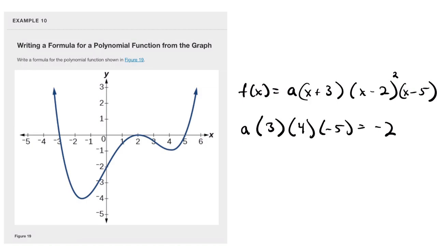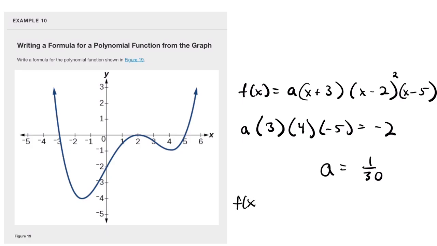Ooh, I'm not liking that. I mean, that could be the case though. So our a potentially could be, we divide both sides by -60, we get what, 1/30?